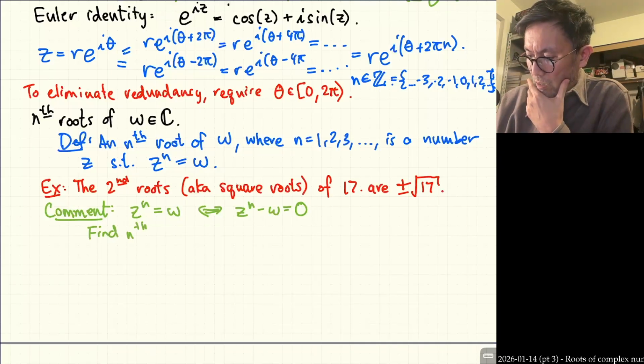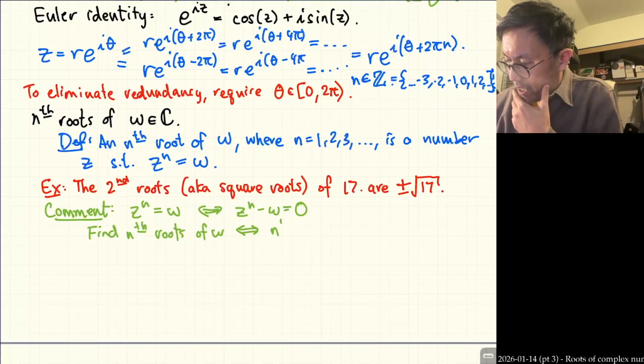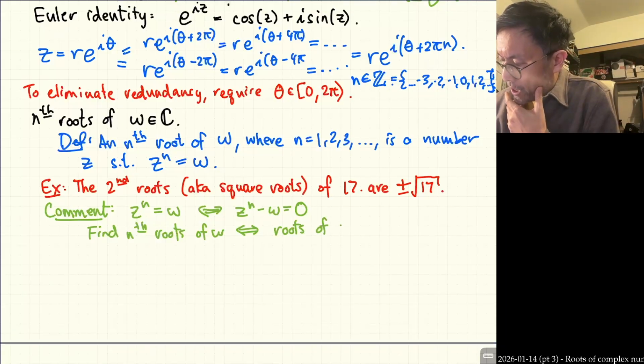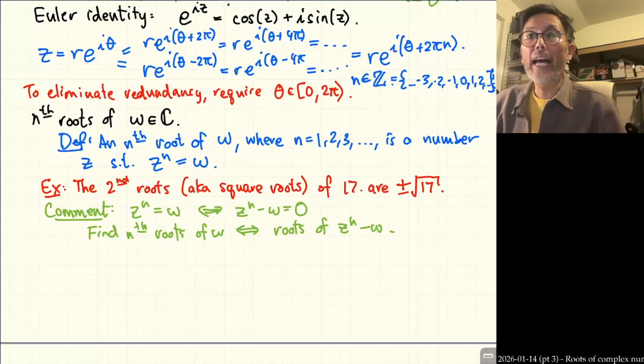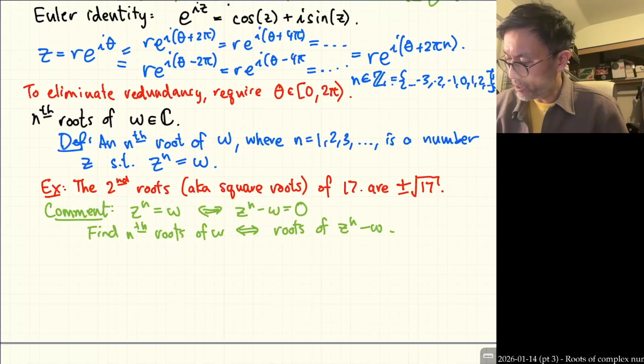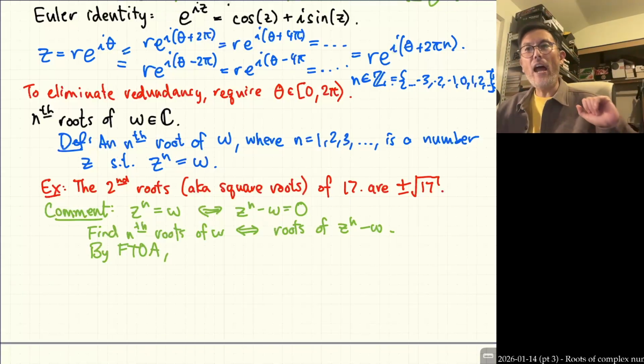That's a polynomial in z of degree n. So by the fundamental theorem of algebra, there are n nth roots.